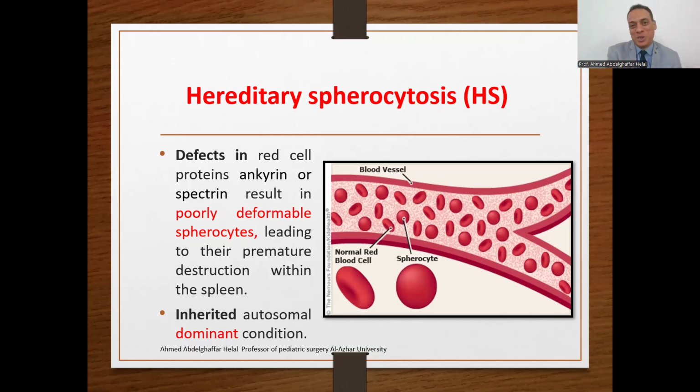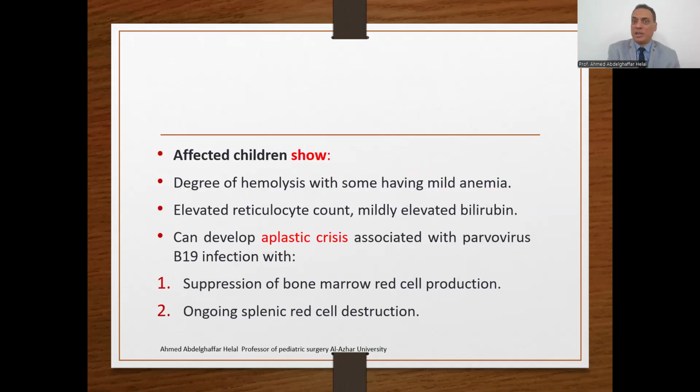As we said, these slits need normal RBCs so they can modulate their shape and pass through the slits of the sinusoid. The affected children will have a degree of hemolysis, destruction, because the spleen will destroy these abnormal RBCs, with different degrees of anemia.